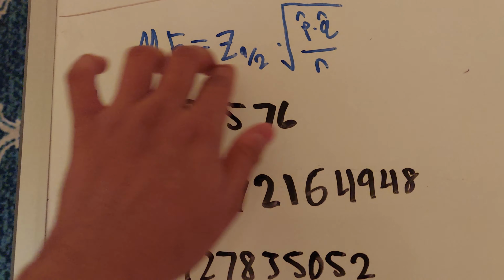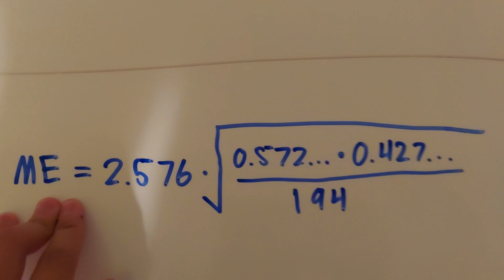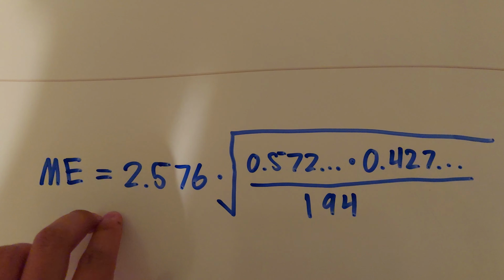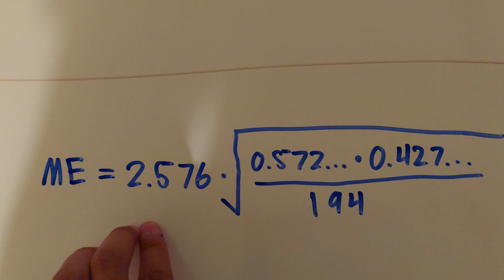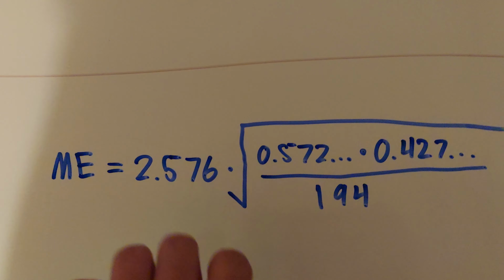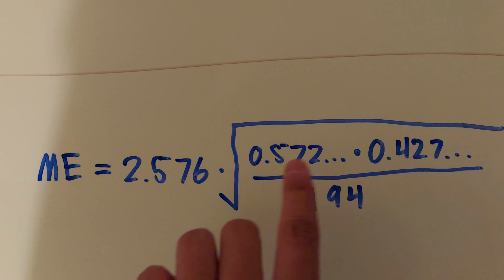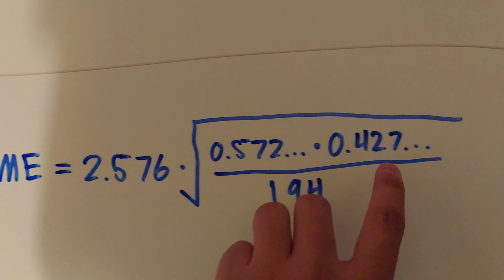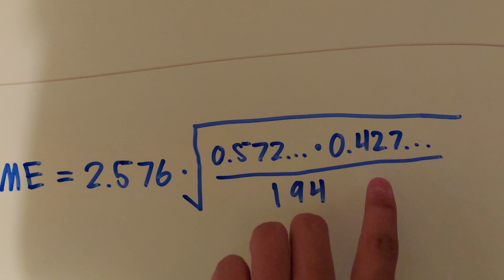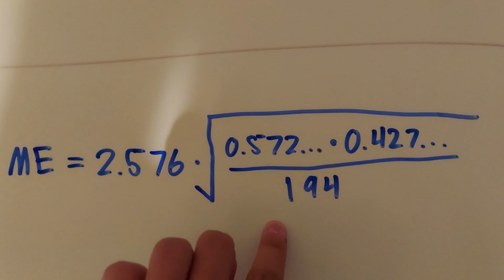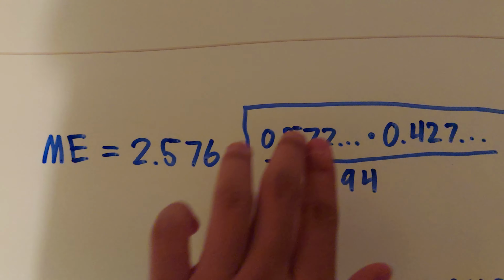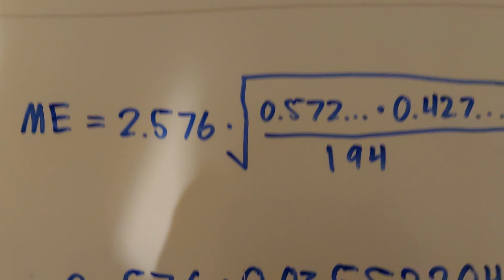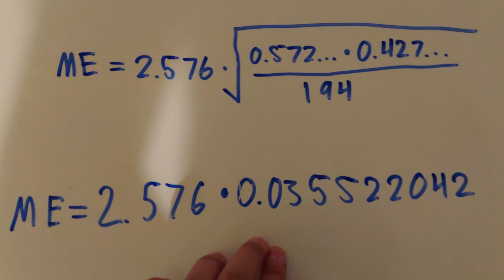So what it's going to look like over here is like this. ME is equal to 2.576, or z alpha over 2, times the square root of P and Q, 0.572, with some dots representing the numbers, as shown, divided by the sample size, 194. So with this part all done in one fell swoop, it's going to give us this number.